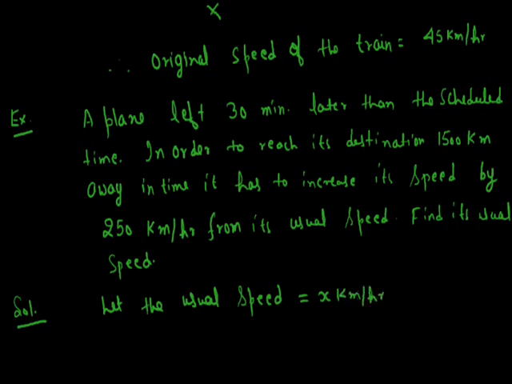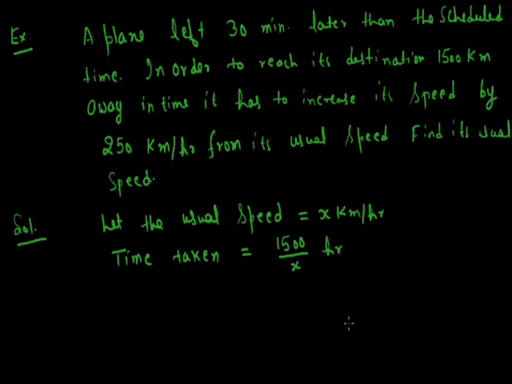Now the plane is covering a distance of 1500 kilometer. So the time taken to cover 1500 kilometer is 1500 upon x hour, by the speed x kilometer per hour.